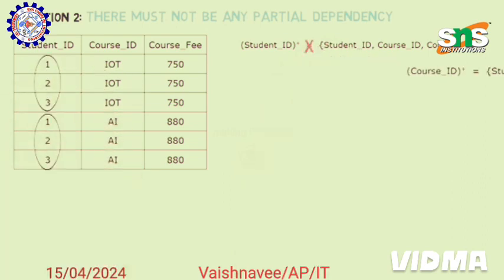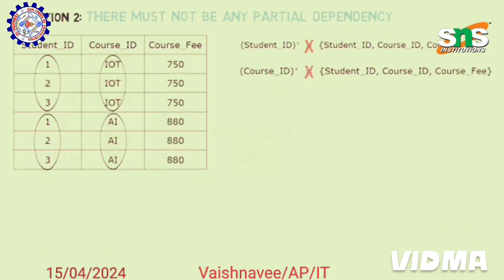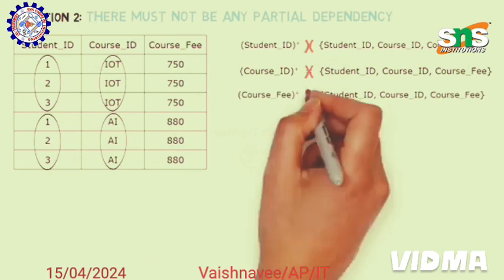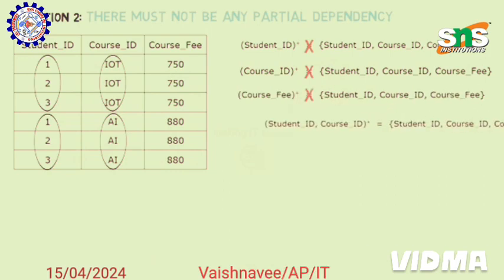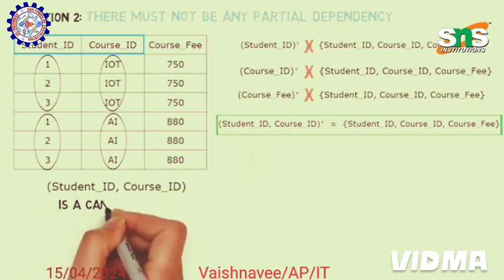It also has redundancies. Same is the condition with the course fee. But if you look closely, by using student ID and course ID, we can identify the complete tuple, that is, the closure of student ID and course ID will give us values of all attributes. So we can conclude that student ID and course ID together form a candidate key. There is only one candidate key in this table.